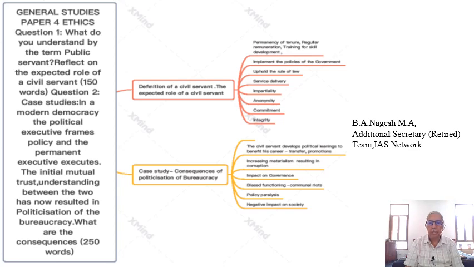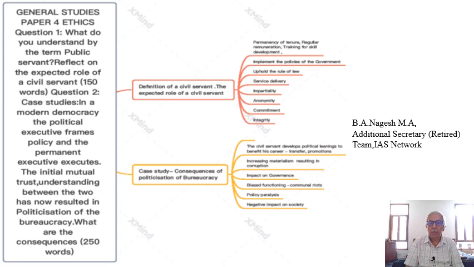So today we start a discussion on General Studies Paper 4 Ethics. General Studies Paper 4 Ethics contains two units, the conceptual part and the theory part, which is 130 marks, and case studies, 120 marks.